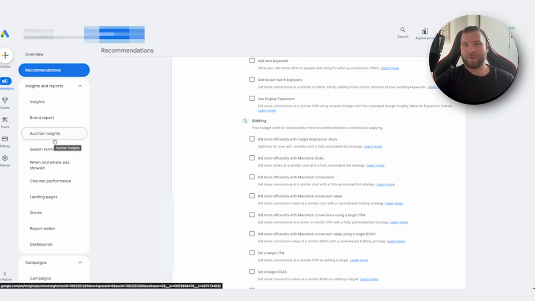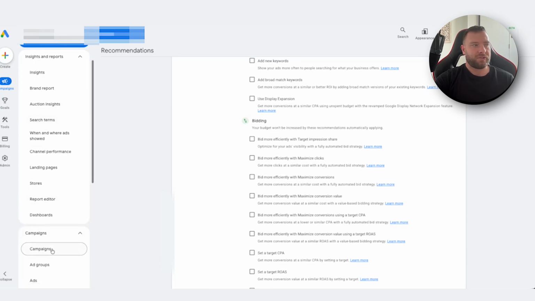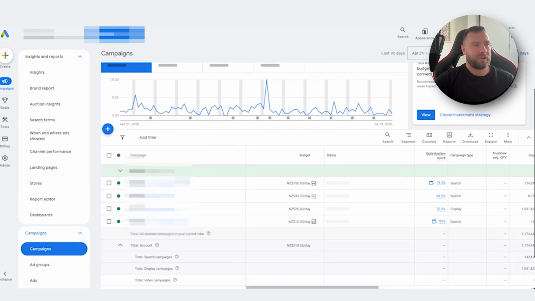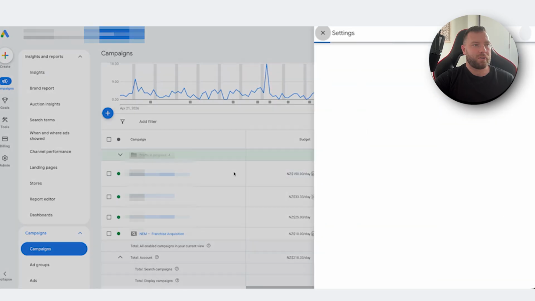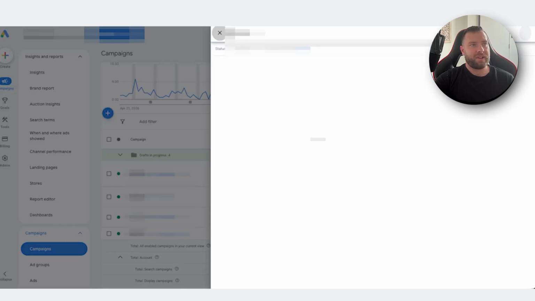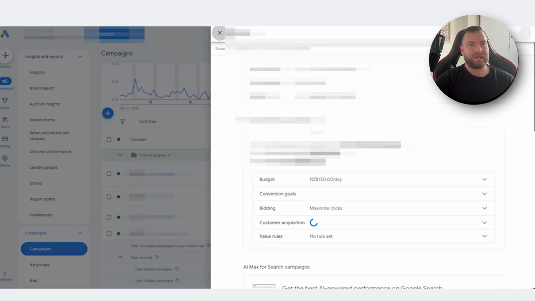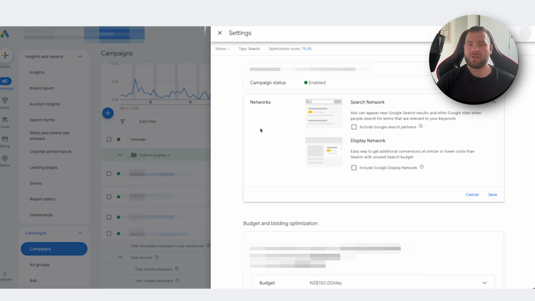The second thing to watch out for draining your budget is you want to look at the network inclusions. So if you go down to your campaigns and you look at every individual one, you want to make sure that the network tabs are unticked. If you leave these ticked, your high intent traffic campaigns will stop showing on Google only and start showing on their other networks.